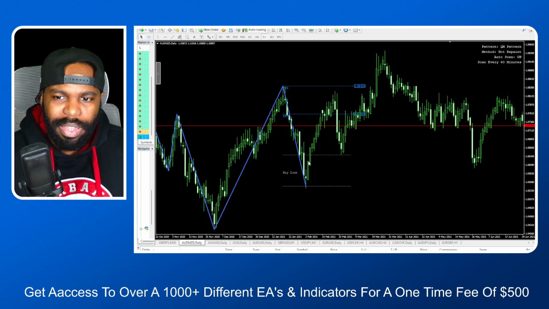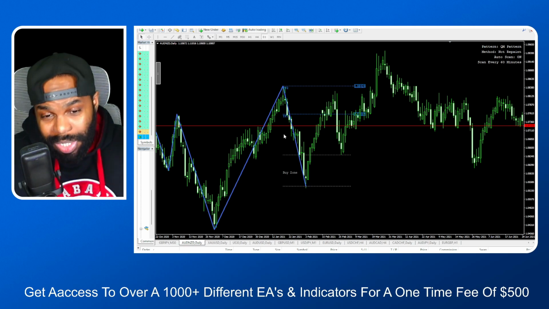So this right here would be my entry. If you had got in right here, you could have caught this all the way up here, or you could have got out at TP1 or TP2. If you had waited for it to close at TP2, you would have had to wait for the pullback, and then it would eventually have hit that TP2.